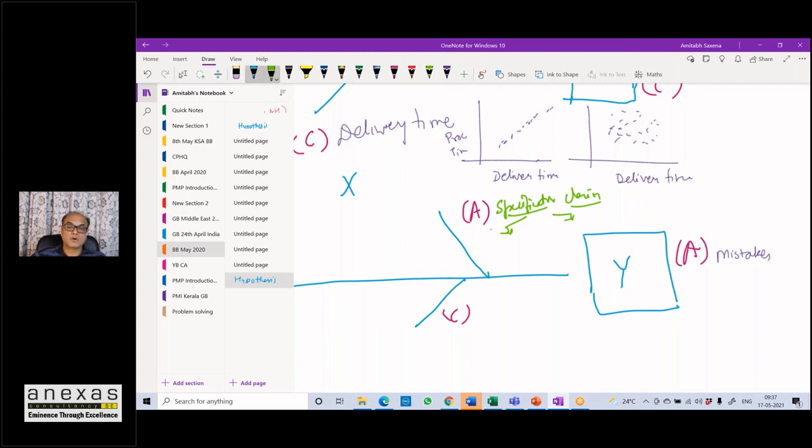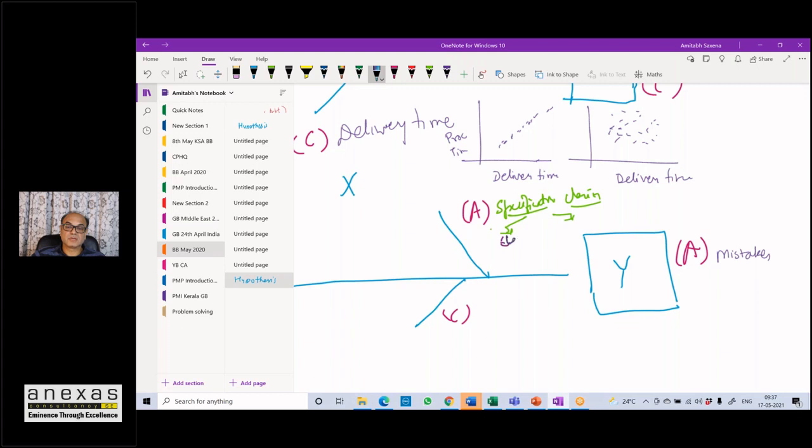Let us say I want to create this table which has specification is clear or not clear, and output.